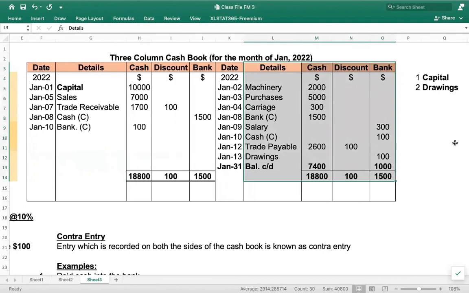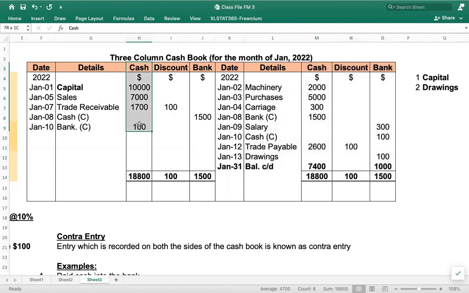Got it? Now tell me, cash and bank will increase when? It will increase when someone puts in money in the cash or bank, or when you receive a payment.